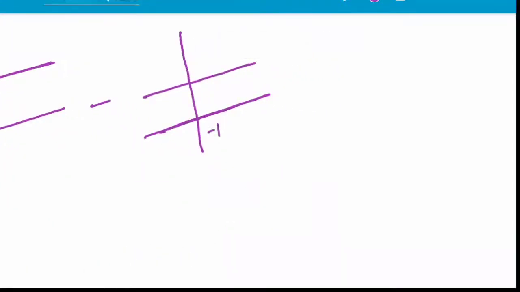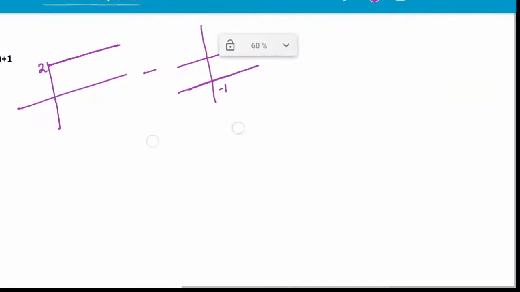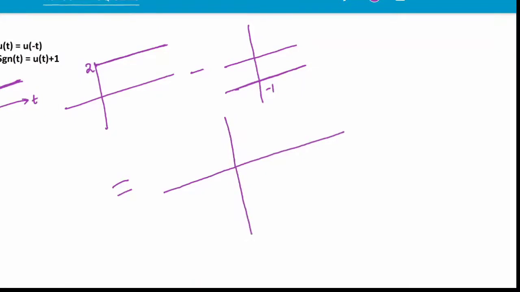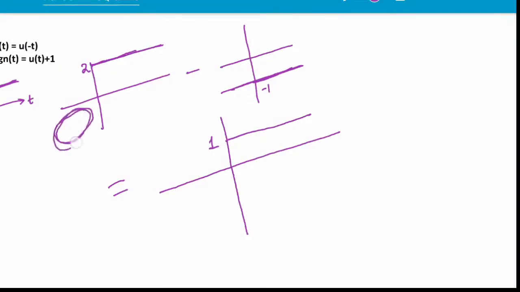The result will be like this: this is 2 and the minus 1 is added to give 1. Here there is nothing, so this will be minus 1. So this is a signum function.